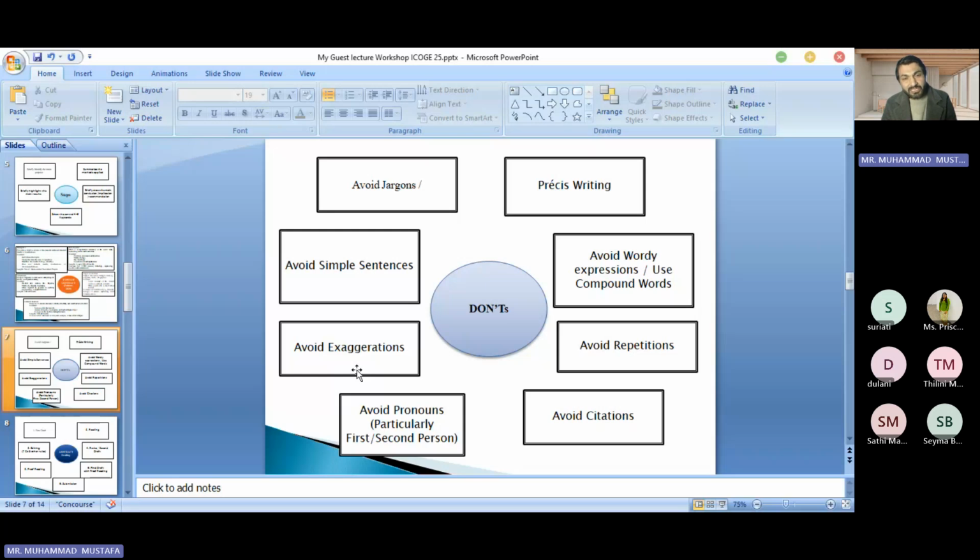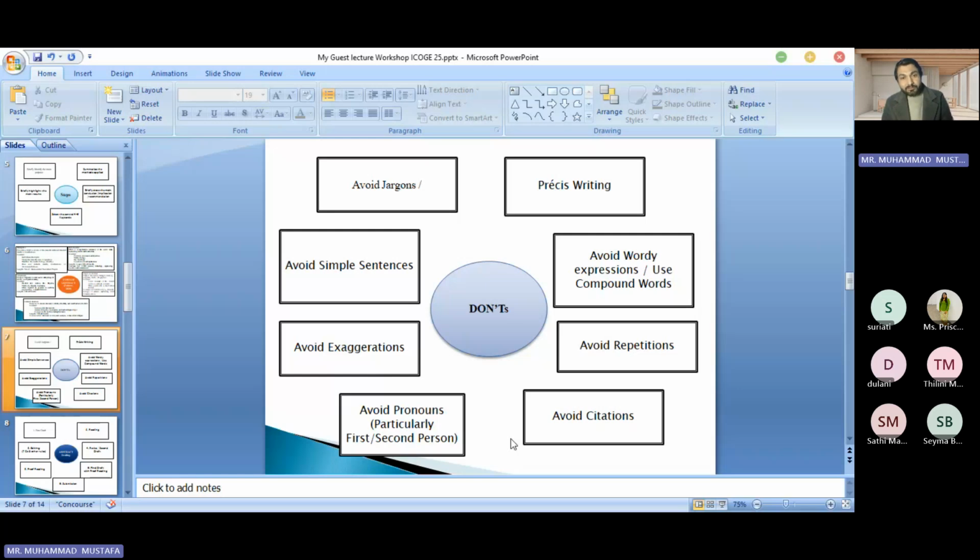Exaggeration kills our time and makes the discourse awkward, including the abstract. So we have to be careful about exaggerations, and avoid pronouns, particularly first person and second person pronouns.